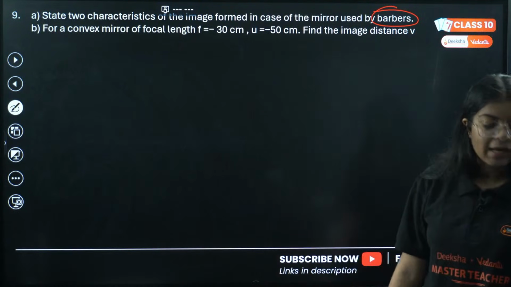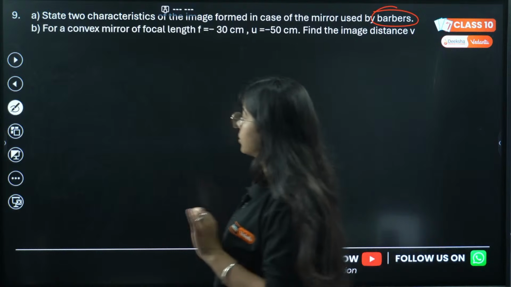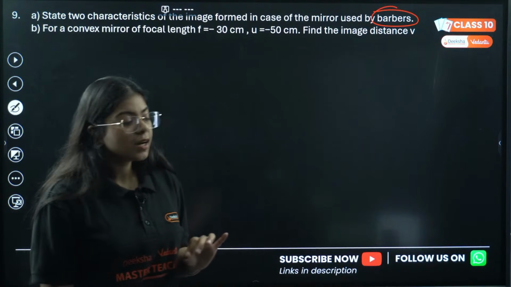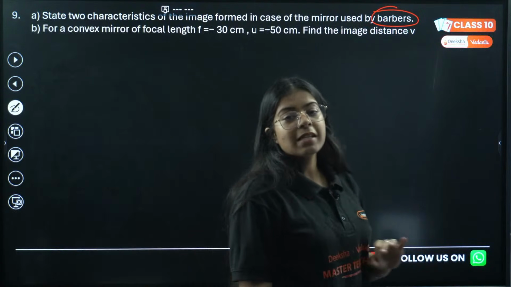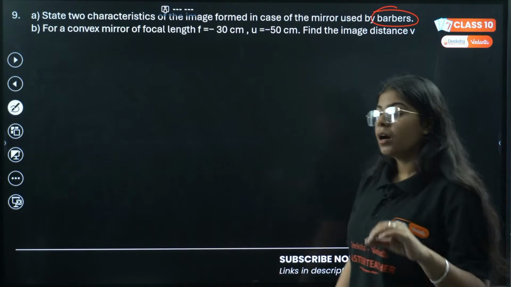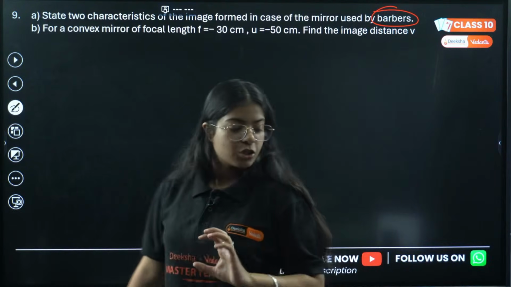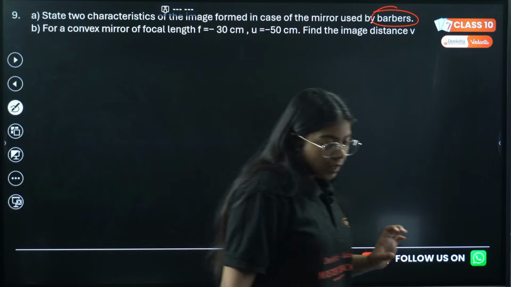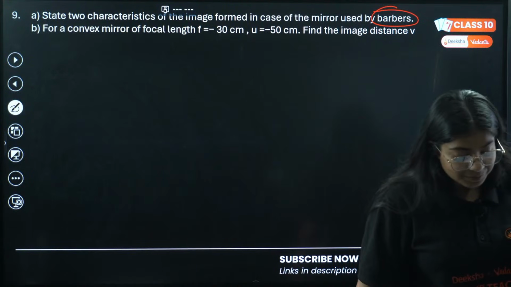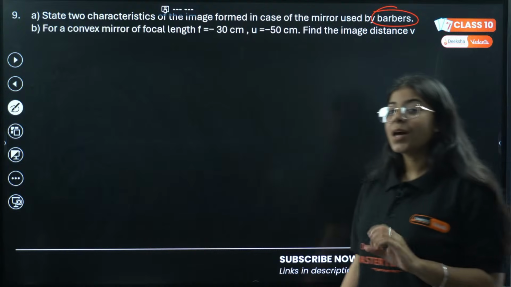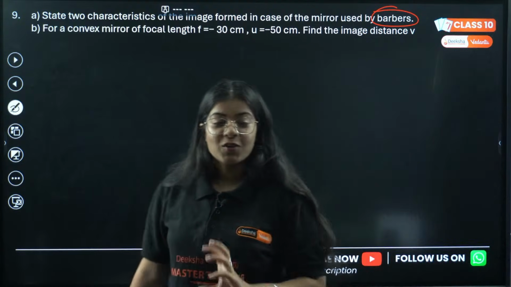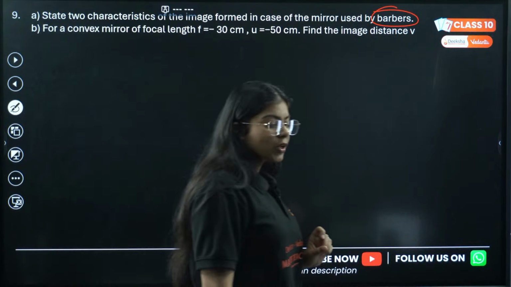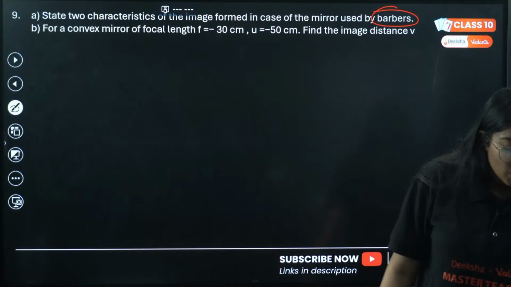Parth is saying A. Correct, Parth. A was the answer. Now let me know the answer. State 2 characteristics. What kind of mirror do barbers use in their shop? Trev is saying plain. Okay, I'm asking between concave and convex. So usually barbers use, okay, Parth is correct.